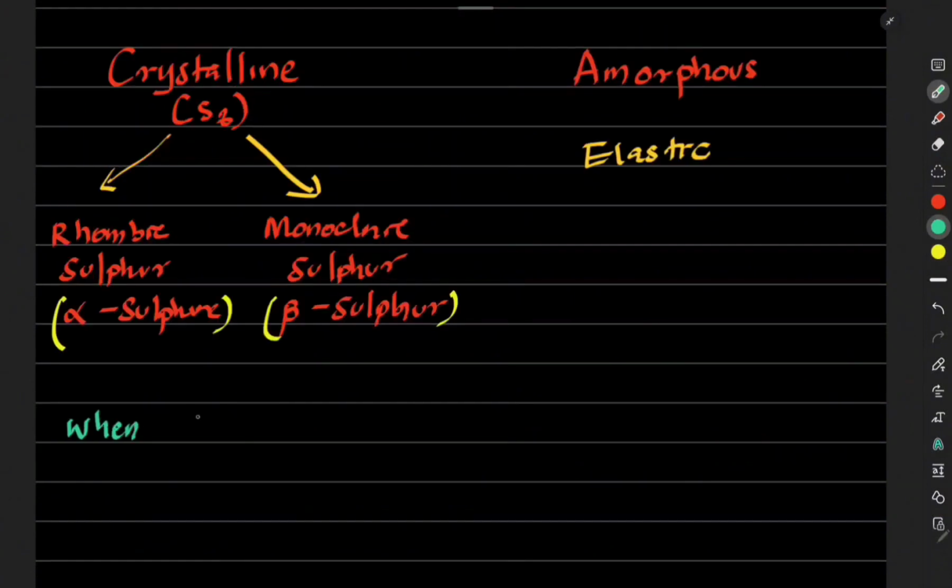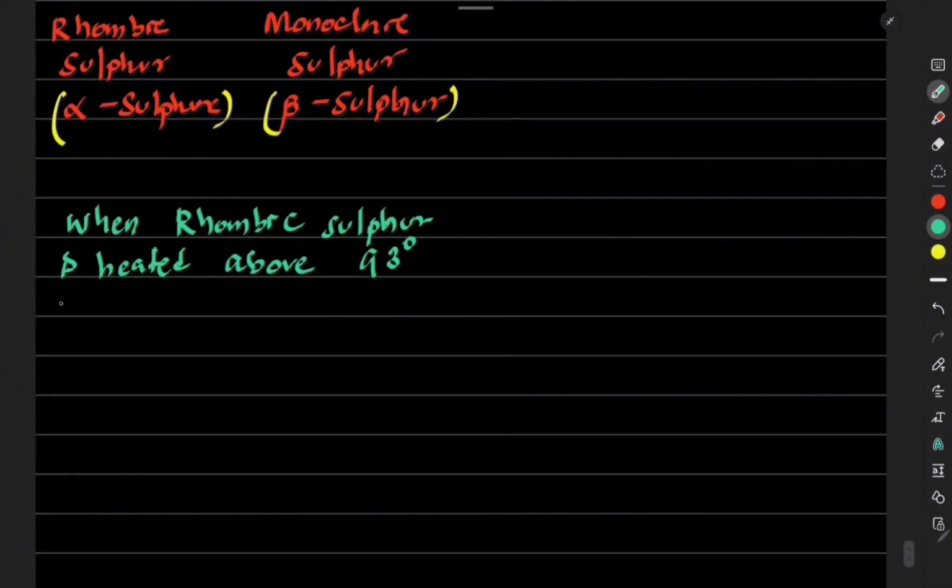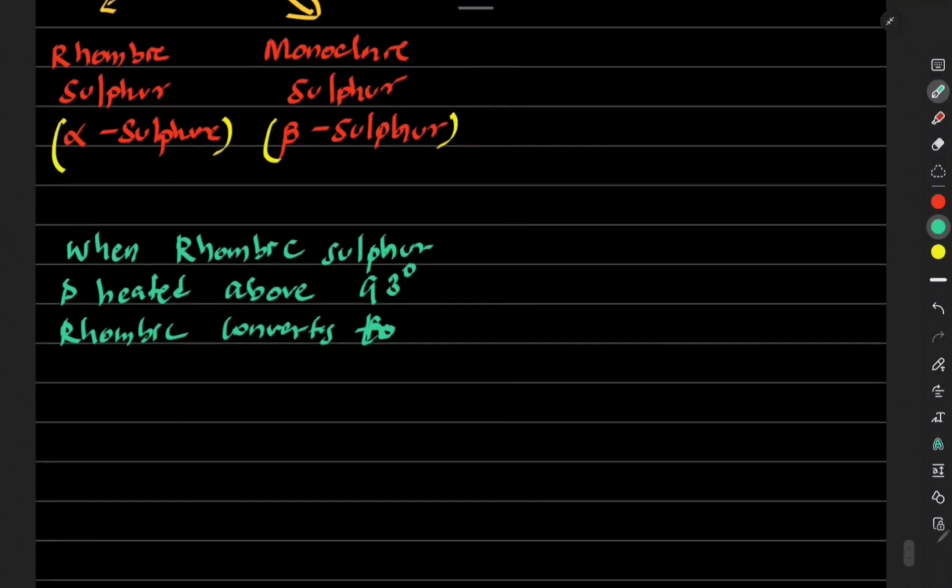When rhombic sulfur, alpha sulfur, is heated above 93 degrees Celsius, rhombic converts to monoclinic.